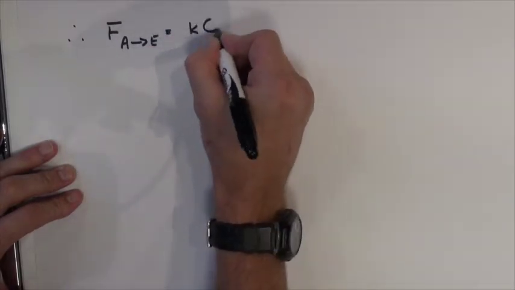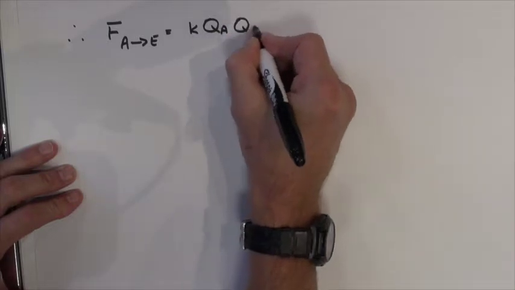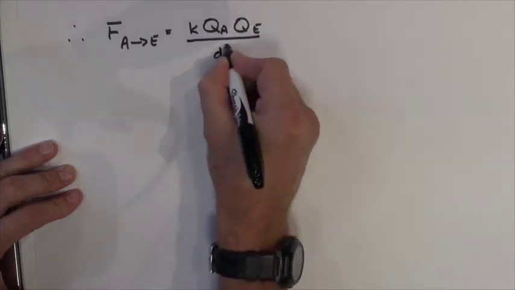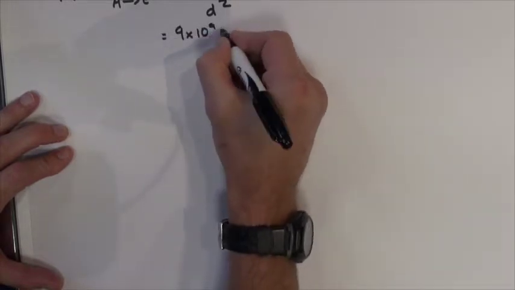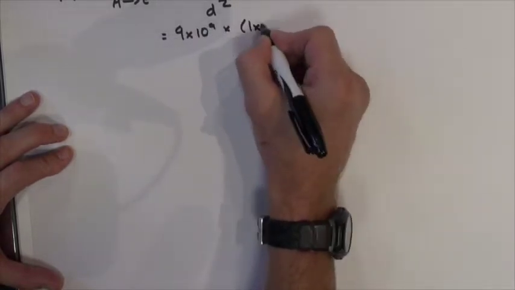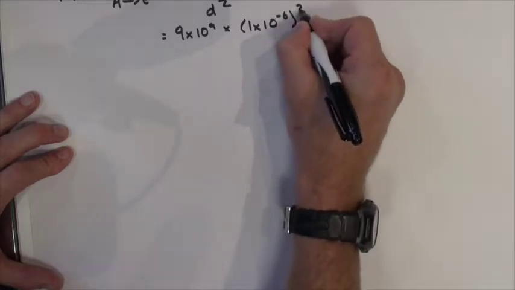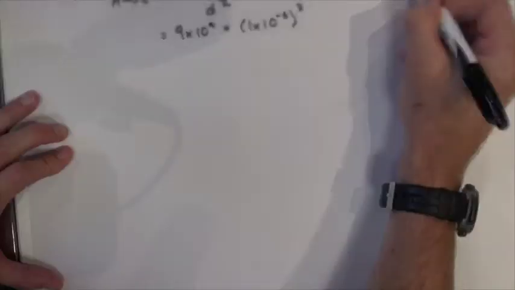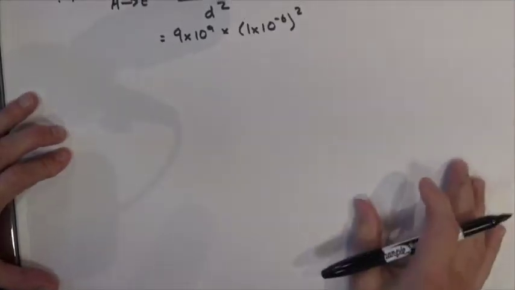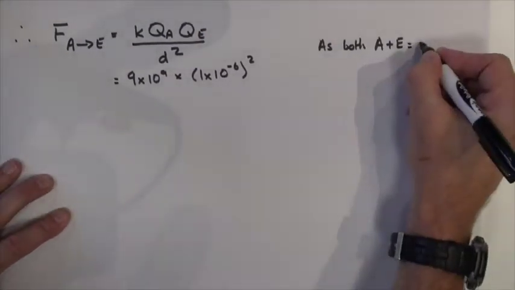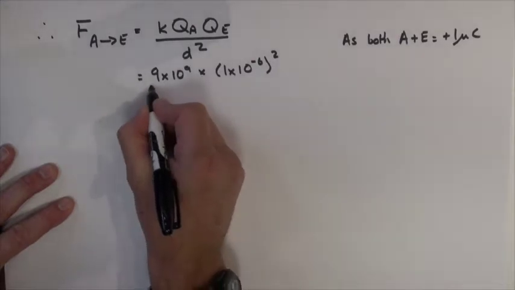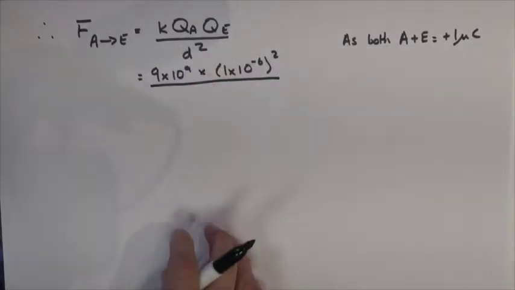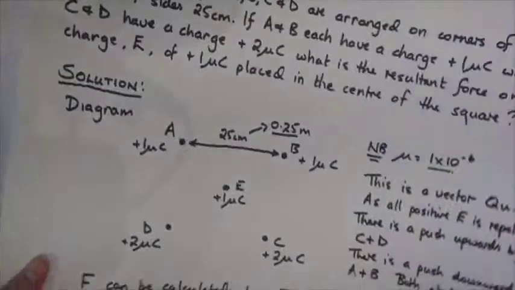Now the force from A to E is K times QA times QE, the charge of A and the charge of E. So it's 9 times 10 to the 9 times the charge of QA times the charge of QE. But note that both A and E have the same charge of 1 microcoulomb. That's why I've got 1 times 10 to the negative 6 all squared.